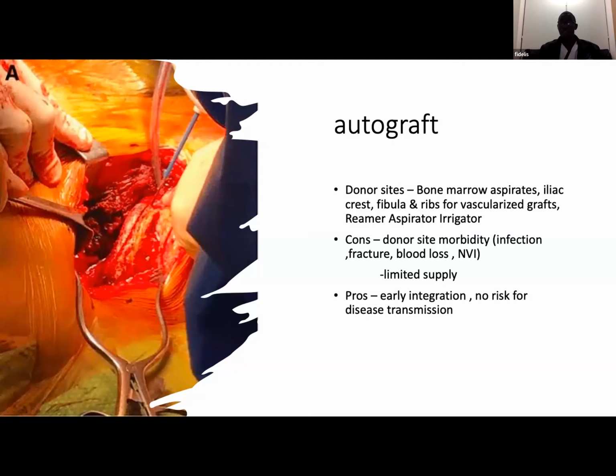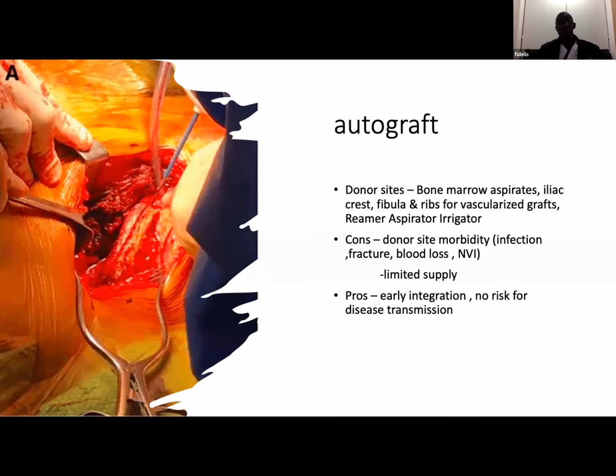In terms of acute complications, things like infection, formation of hematomas, and acute fractures. In terms of long-term complications, you can have ugly-looking scars from your donor sites, and some patients will complain about chronic ongoing pain, which can make patients quite unhappy, even if the primary problem that you are addressing has been fixed.